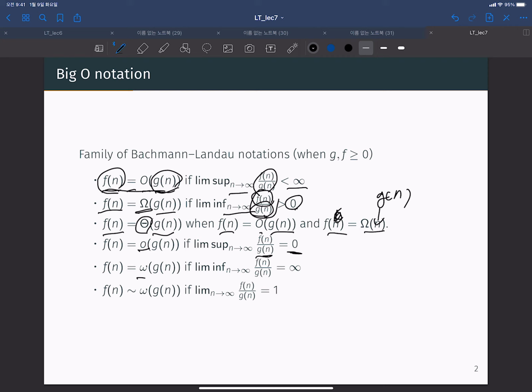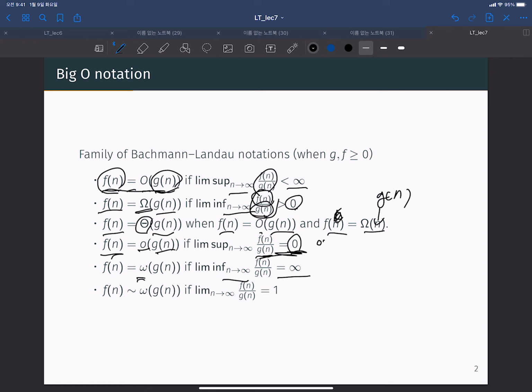So it is not only upper bounded by some constant but also converges to 0, and we say the order of f(n) is less than the order of g(n). Small omega is the other side: f(n) over g(n) goes to infinity as n goes to infinity.